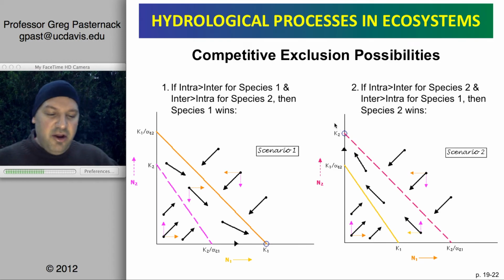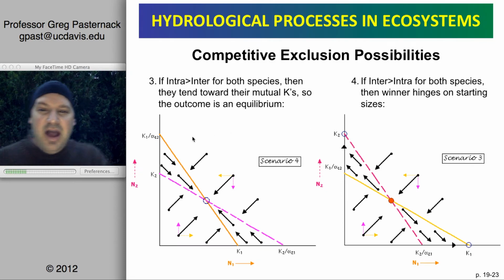The more interesting scenarios happen when they have different things going on. So now, let's say that the competition that's induced between each species is more of a factor than the competition that's internal to those species. So basically, they can really hurt each other, but they aren't necessarily hurting themselves.